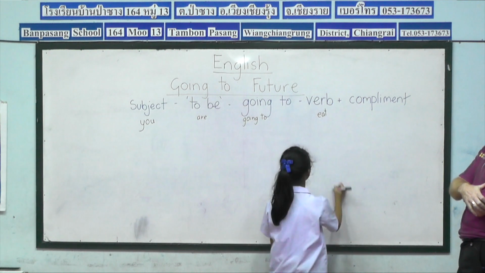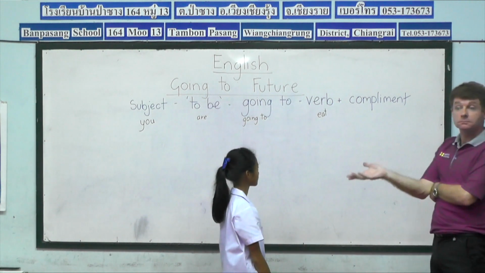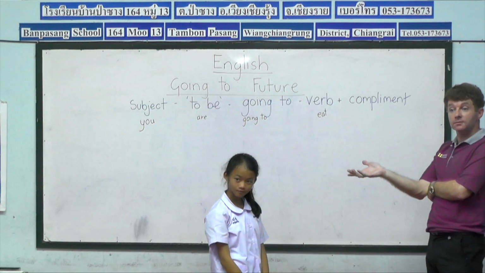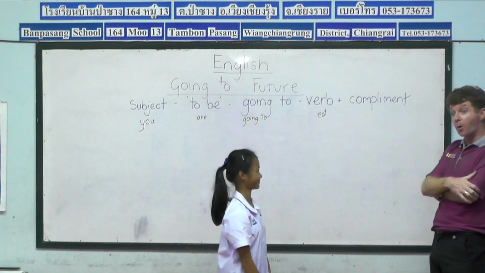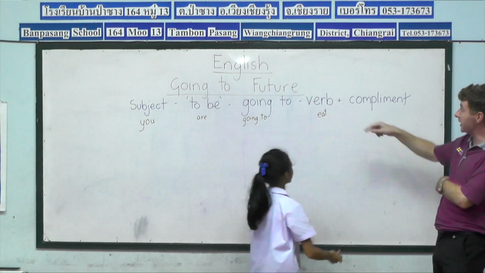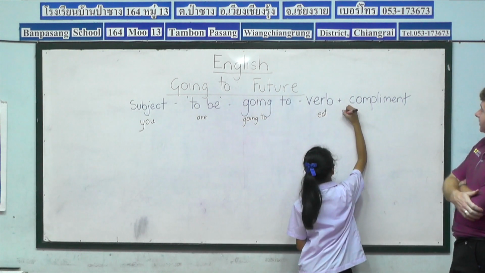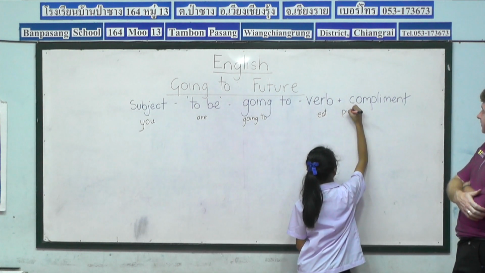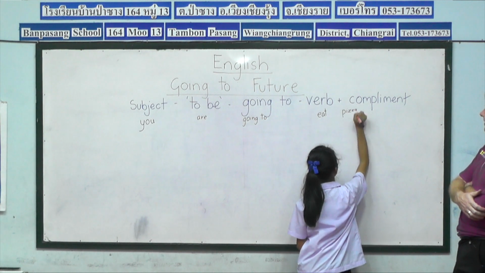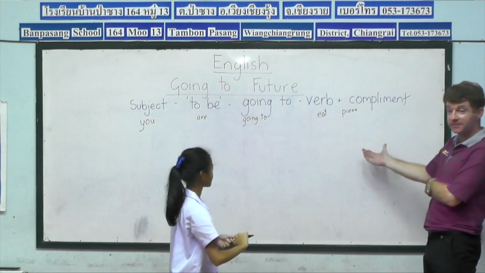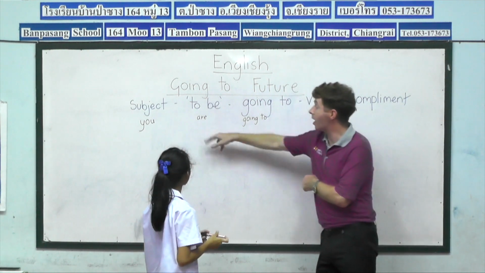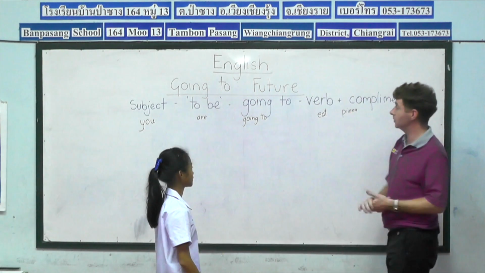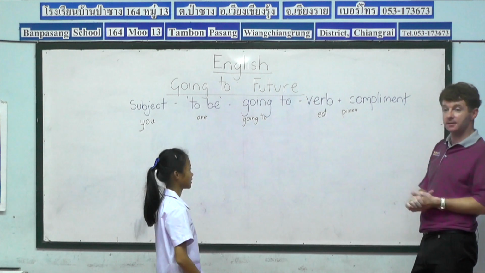And then we could eat. What could we eat? What type of food? How about pizza? We're going to eat pizza. P-I-Z-Z-A. Excellent. That's perfect. So all together, guys, you are going to eat pizza.